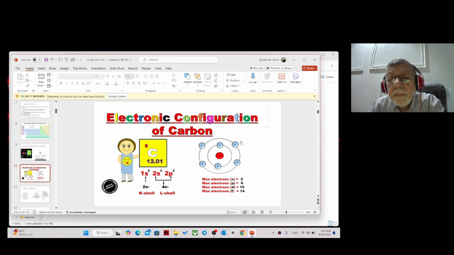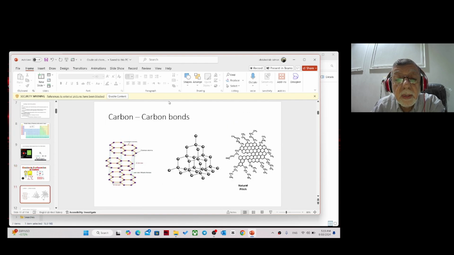So if it connects with other carbon, this atom connects with 4 atoms of carbon, and each atom also connects with other atoms. So with each atom connecting with another, the whole structure becomes carbon-carbon bonds.